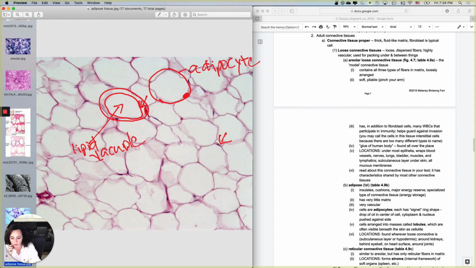And lipids don't stain with these water-based stains, so it looks empty. Don't all of these cells kind of look empty? Well, they're not. They're just full of fat, which is actually how you store fat. So each cell has what we call a signet ring shape, and the signet ring shape you see right here.